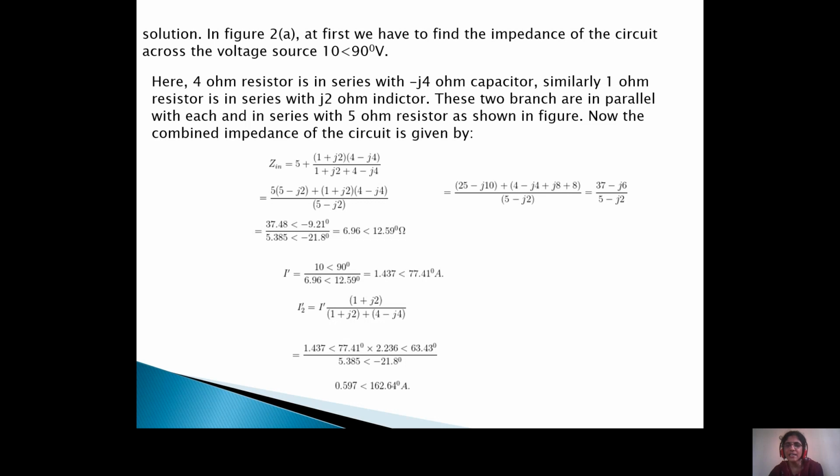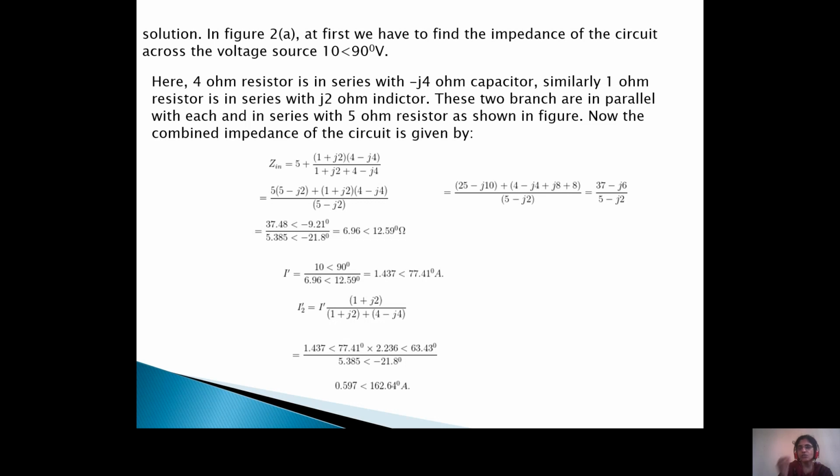So in total we get (37 minus J6) by (5 minus J2). When you convert this into polar form, you get 37.48 at an angle of minus 9.21.